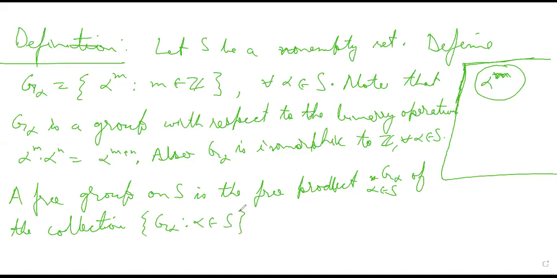We have just defined what G alpha is here; it is the free product of the collection of these groups.